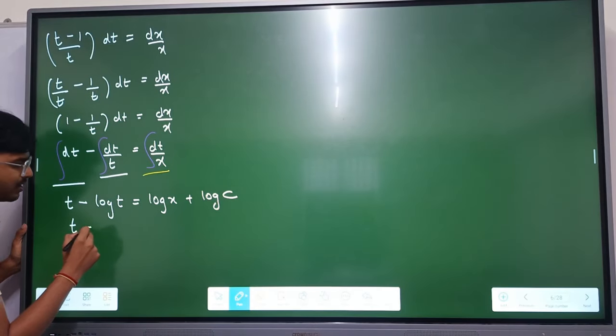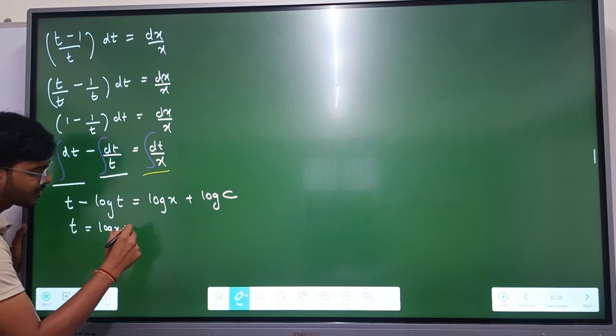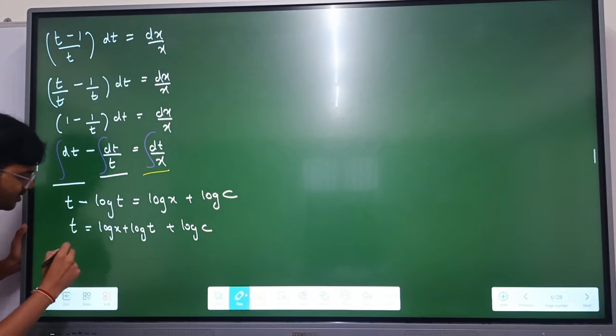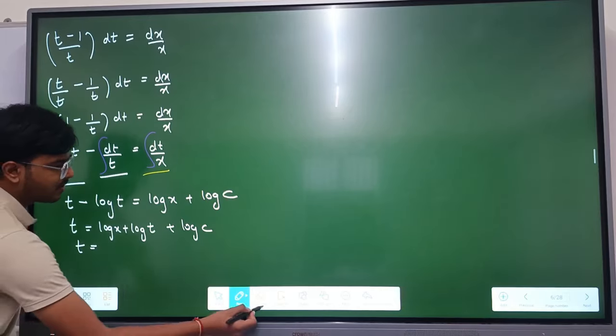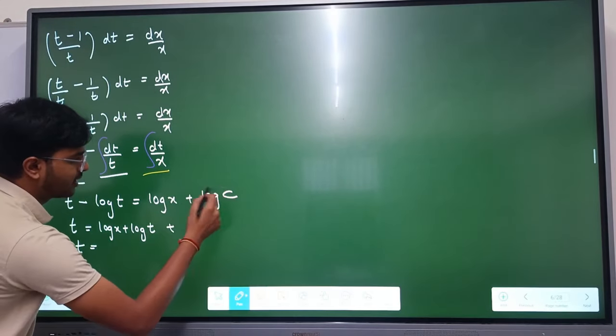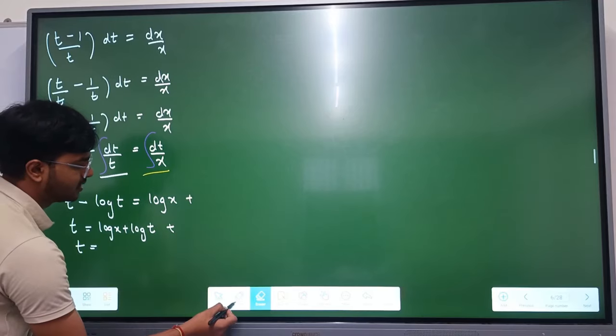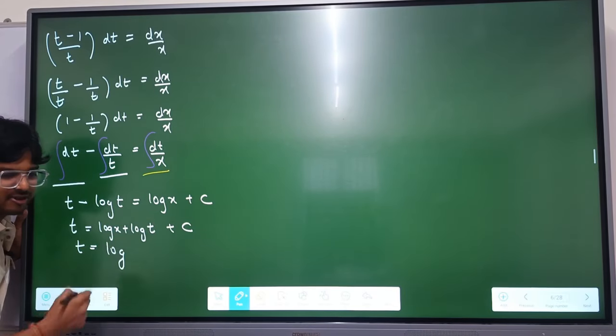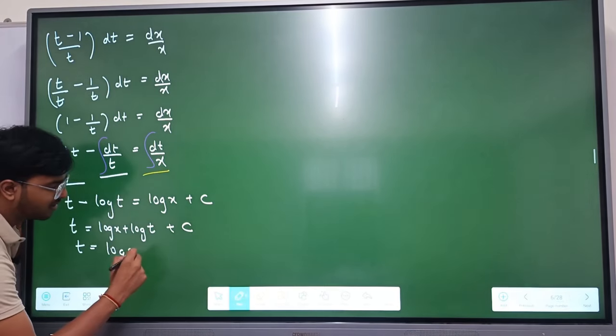So t minus log t equal to log x plus c, let's say this constant is c. Log of a plus log of b is log of ab.